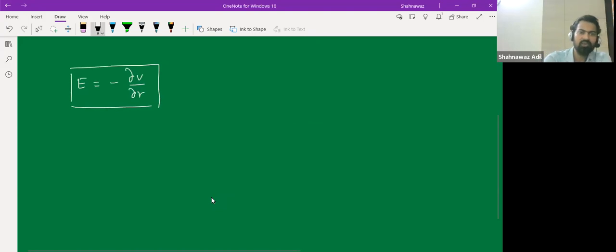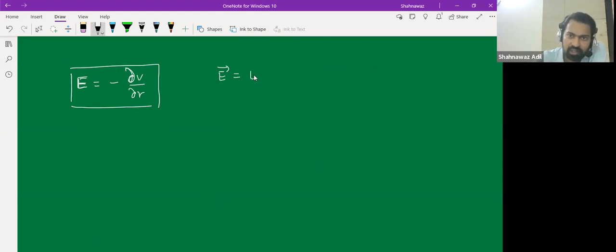So this is how we represent the electric field, but you know that electric field is a vector quantity, right? So this is representing only the magnitude. We can write the electric field as a vector quantity. Let's say it has three components, electric field is in three dimensions.